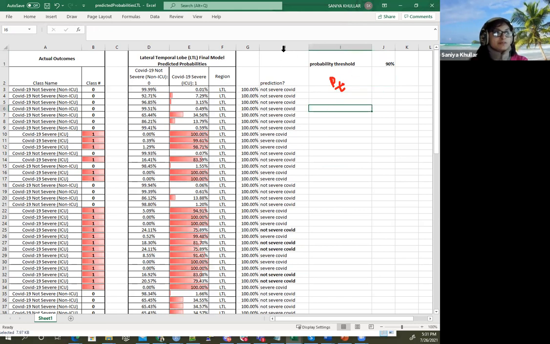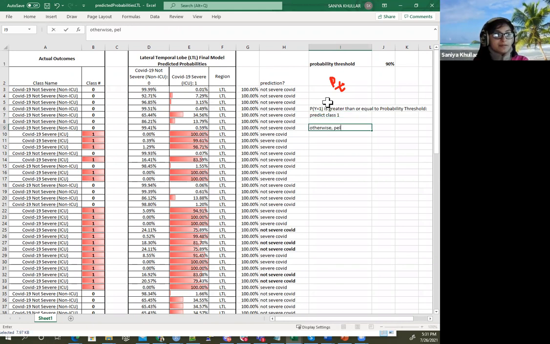So the probability threshold is the point at which, if you have any prediction that's greater than or equal to this probability threshold, you predict class 1. So if P(y=1) is greater than or equal to the probability threshold, you predict class 1.